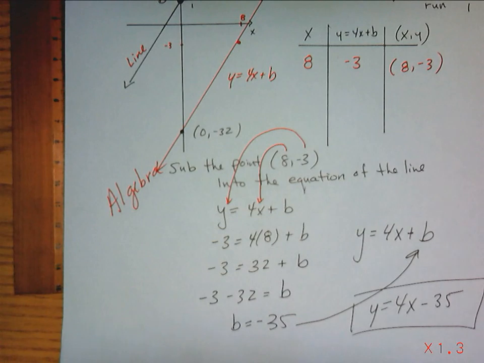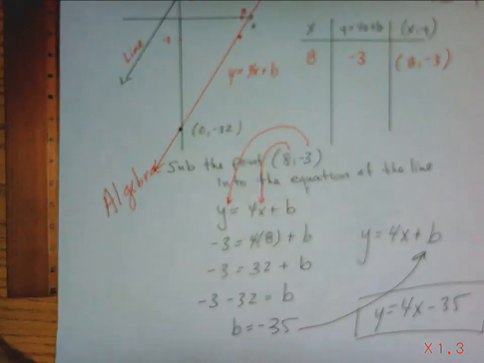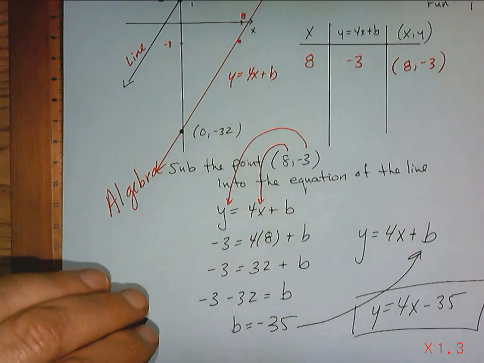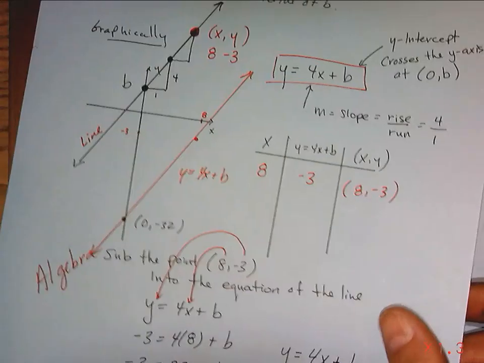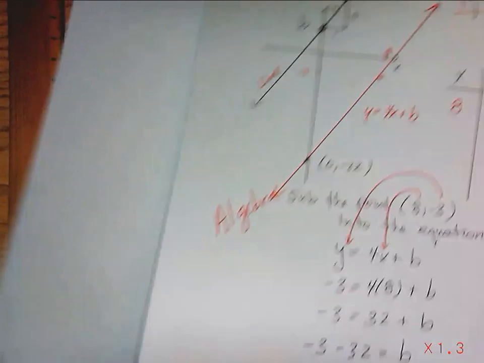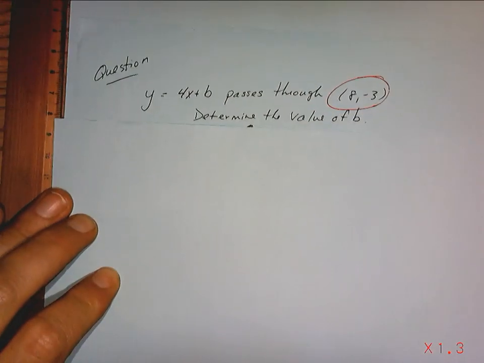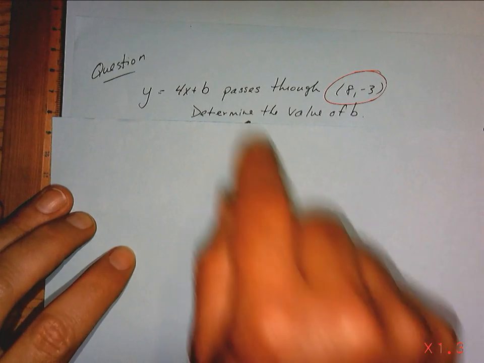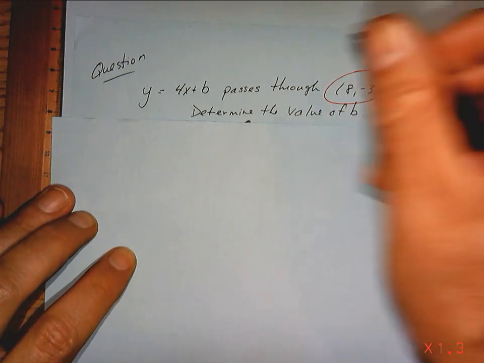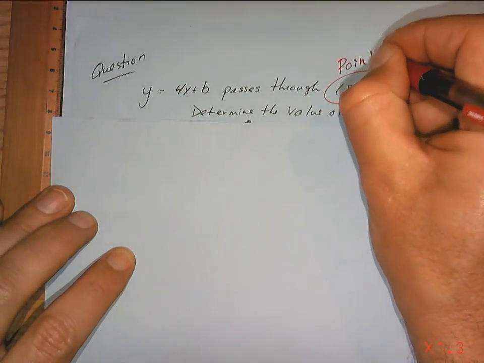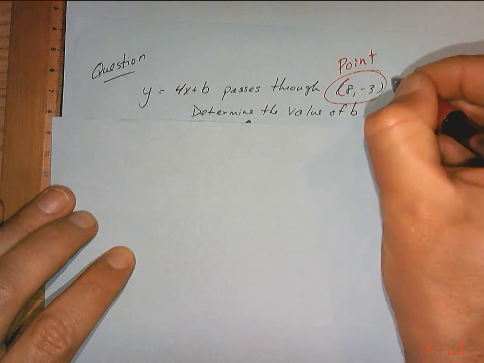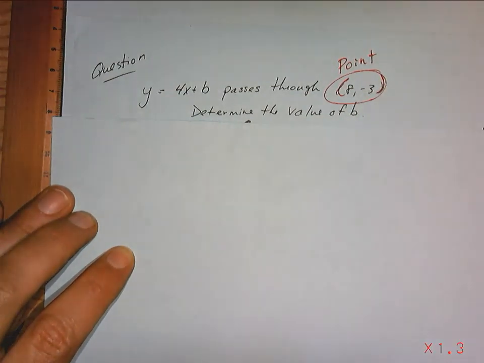First, let me focus this. That's a bit better. So, if this was a question that I was getting for the first time, and it said, let's cover it up like that, y equals 4x plus b passes through, this is a point, you're going to have to know that, and you know it's a point because it's in brackets, separated by a comma, and that point is always given by x comma y.